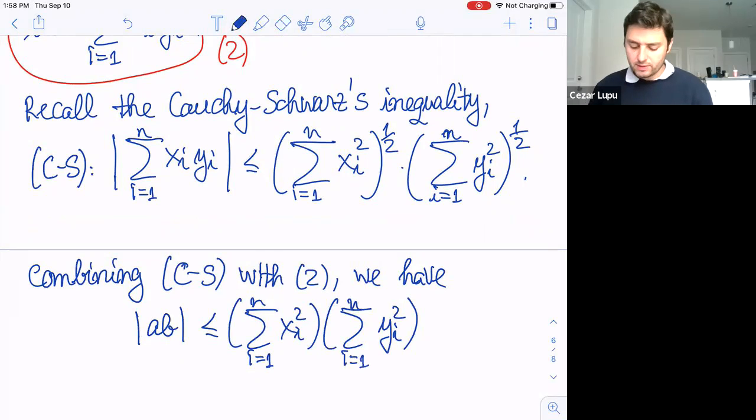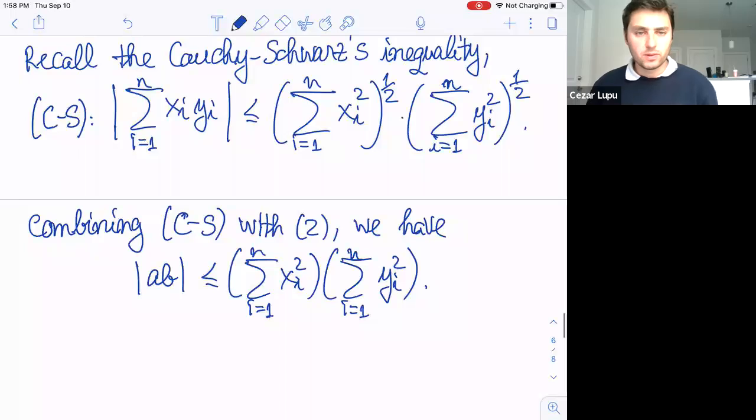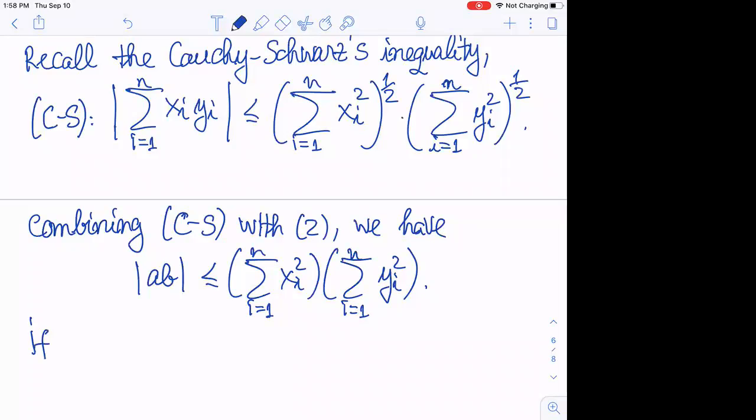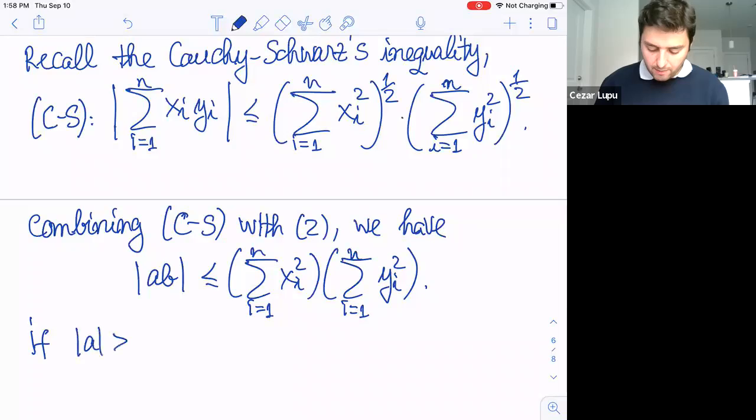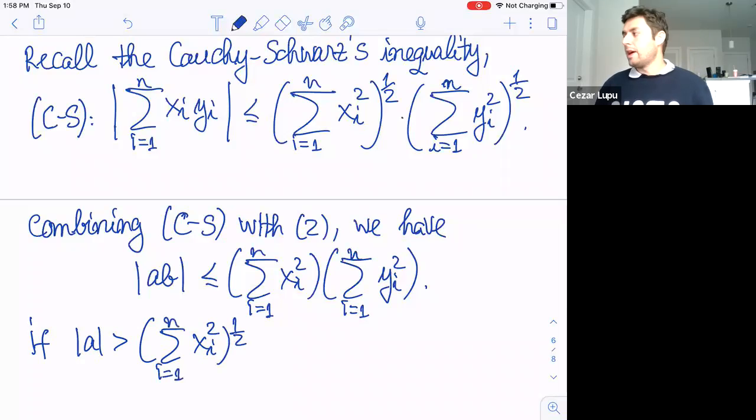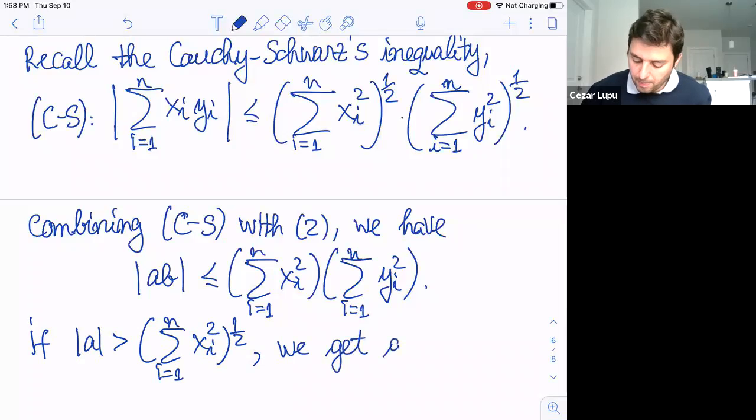And now we have a discussion. I'll leave it to you as an exercise because I went over time. If the absolute value of a is greater than this, then you will get a contradiction. I'll leave the details to you.